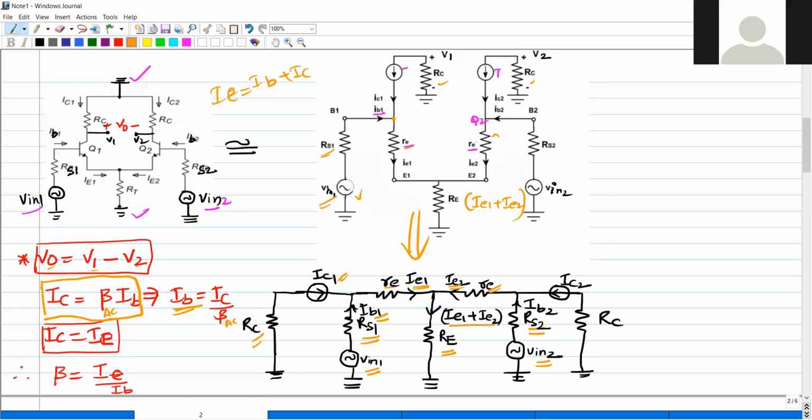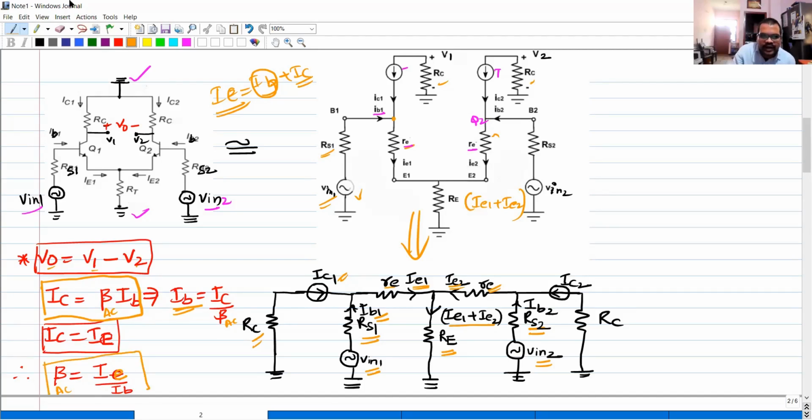Because the IB value is very small, IE is approximately IC. So wherever there is IC, I can take IC approximately equal to IE. So beta AC is equal to IE by IB. Everyone is clear? Remember this.